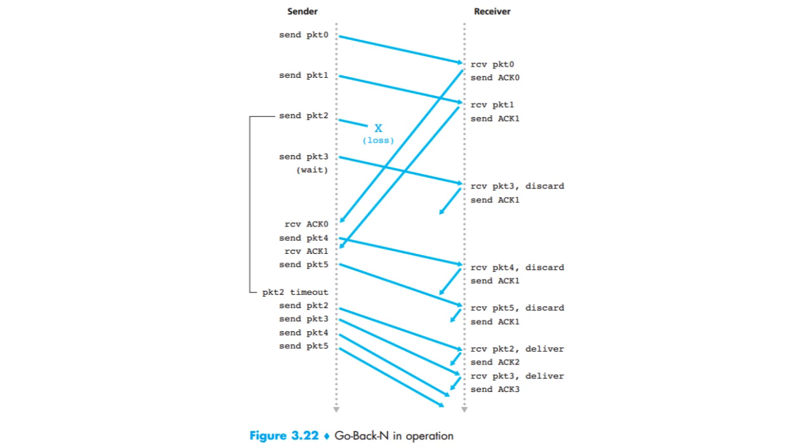Before closing off our discussion of Go-Back-N, it is worth noting that an implementation of this protocol in a protocol stack would likely have a structure similar to that of the extended FSM in figure 3.20.